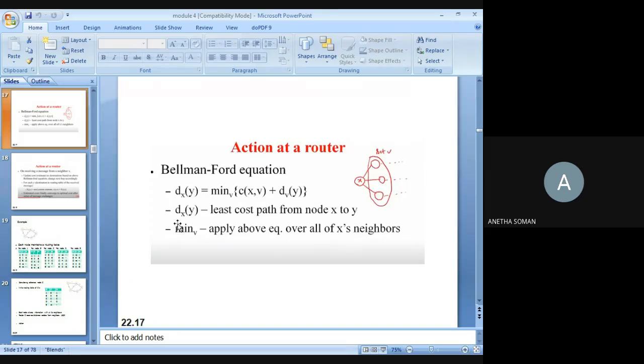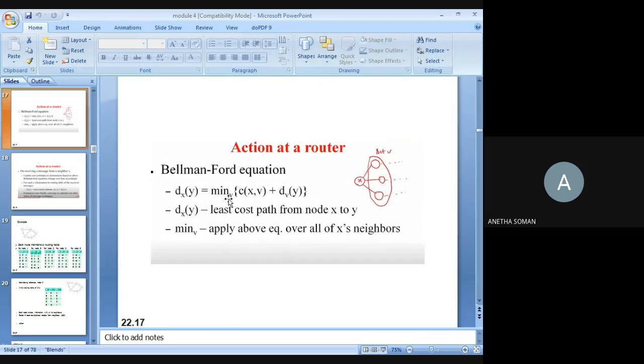I am telling the Bellman-Ford equation once again. dx(y) is equal to the minimum of c(x,v) + dv(y). The left-hand side, dx(y), is the least cost path from your source node to your destination node. To find it, you take the cost from the source node to each of its neighbors and add the cost of reaching your destination.